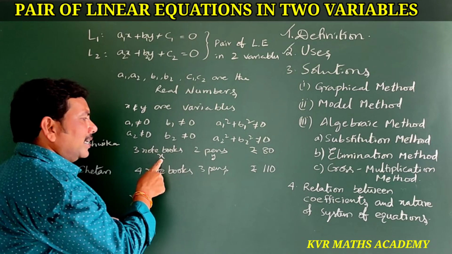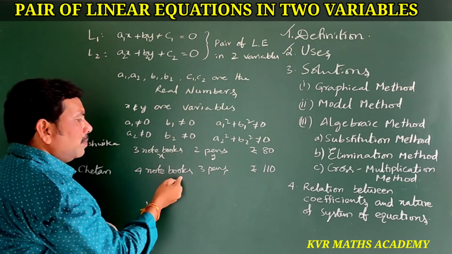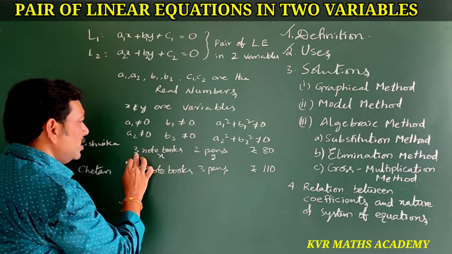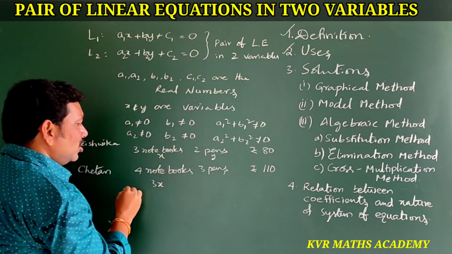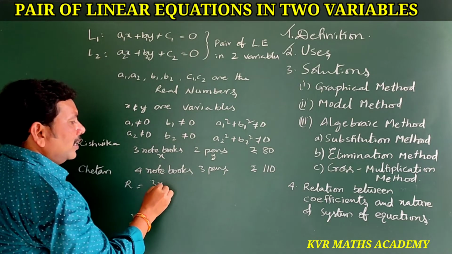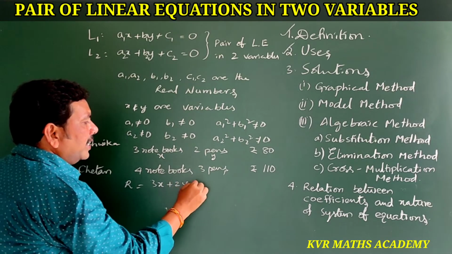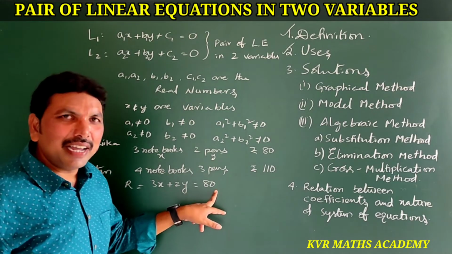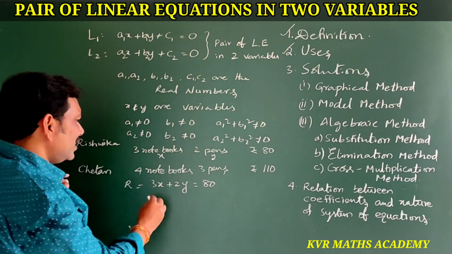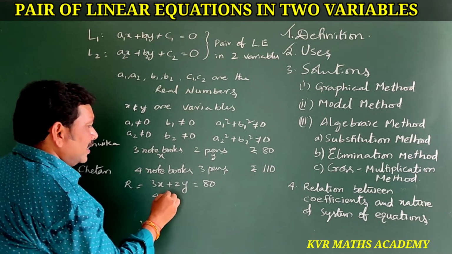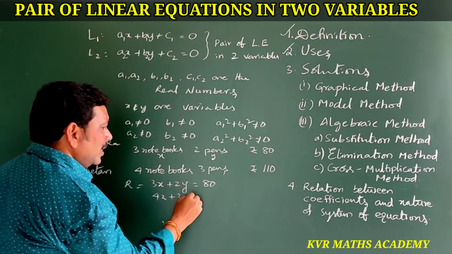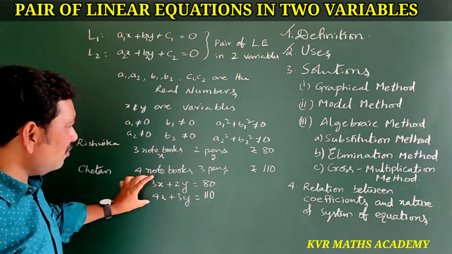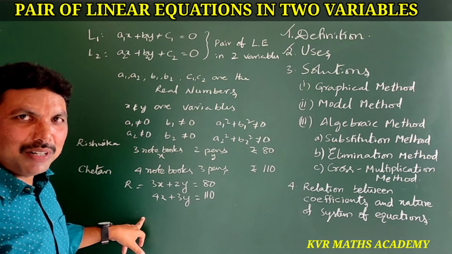So Rishvika bought 3x plus 2y is equal to 80. Next, 4x plus 3y is equal to 110. So we have written it in the form of a pair of linear equations in two variables.